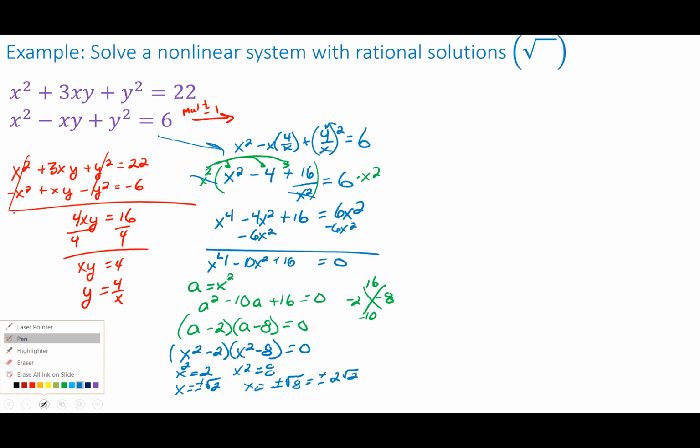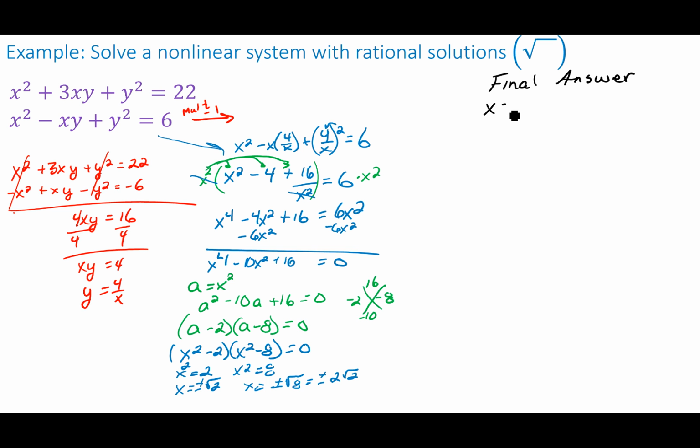So let's start to build off to the side here what our final answer is going to be. I know I'm going to have x equaling root 2, x equaling a negative root 2, x equaling a positive 2 root 2, and also x equaling a negative 2 root 2.